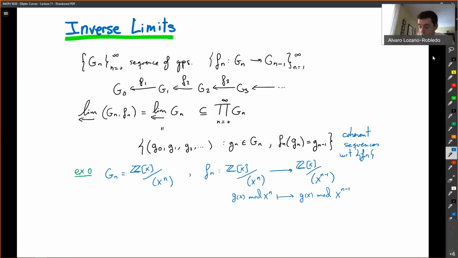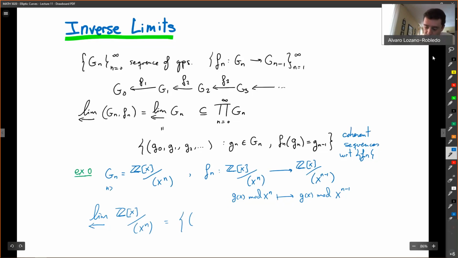Okay, then what is the inverse limit of these groups? So this is going to be sequences of polynomials. Let's start here with n equals 1.